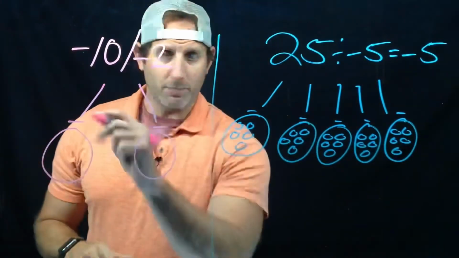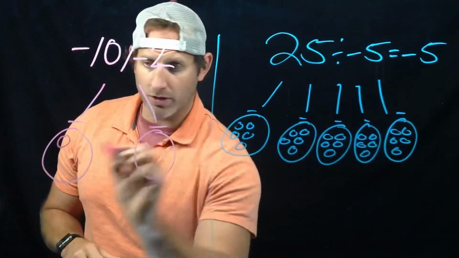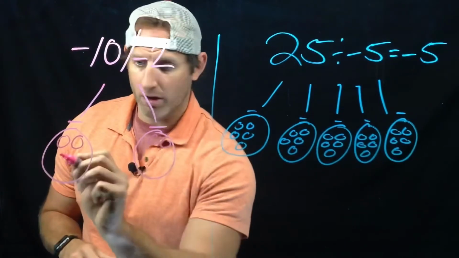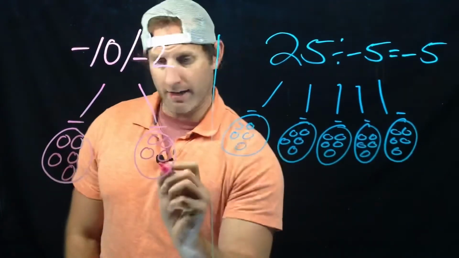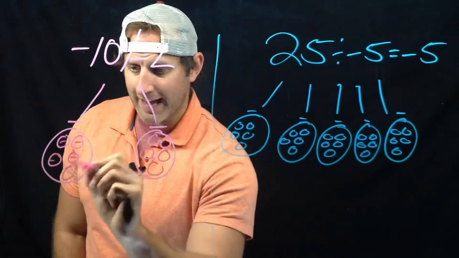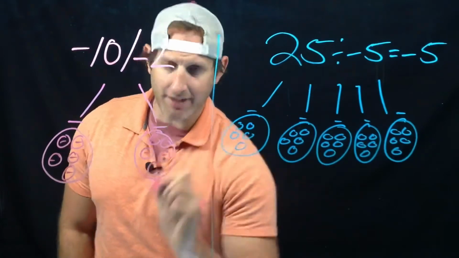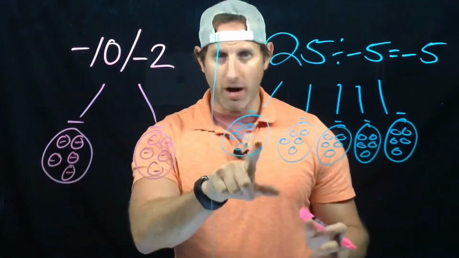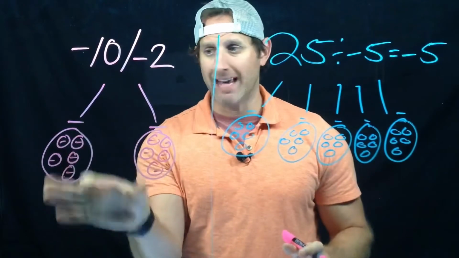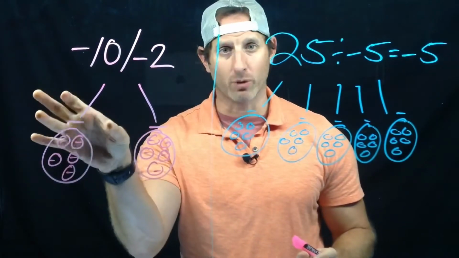So I'm going to start splitting this. There's 1, 2, 3, 4, 5, 6, 7, 8, 9, 10, and they are all negative counters on the inside. So you'll notice that this one looks a little different than the blue one. These were positive chips. These are negative chips now being split into negative groups.